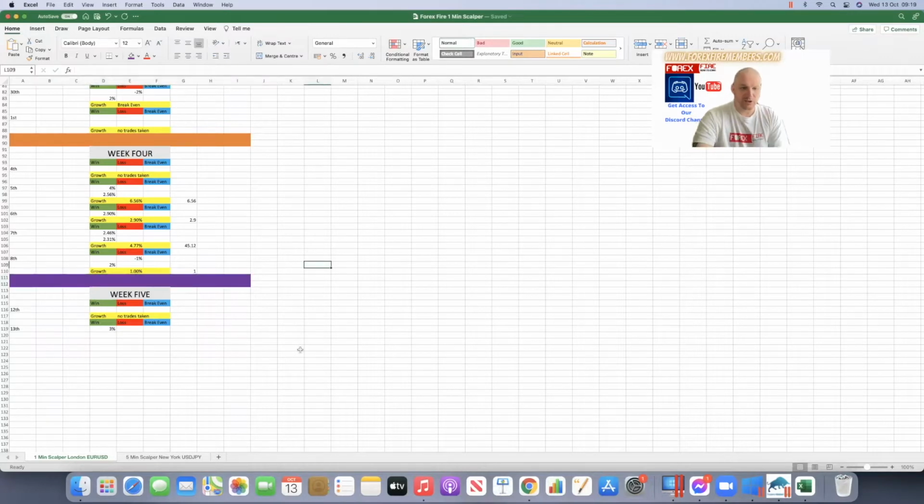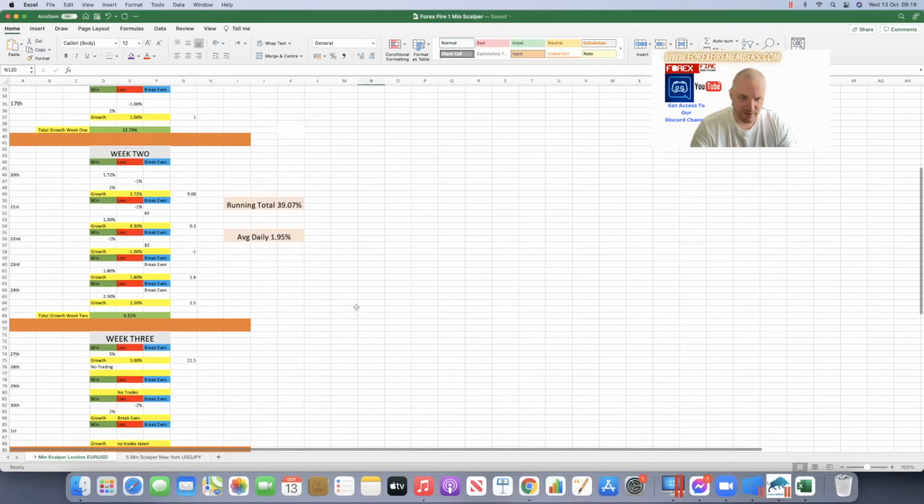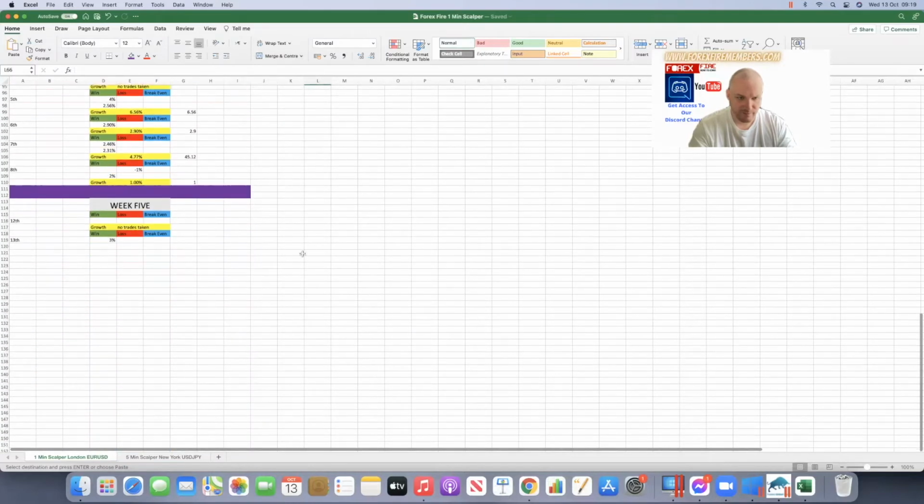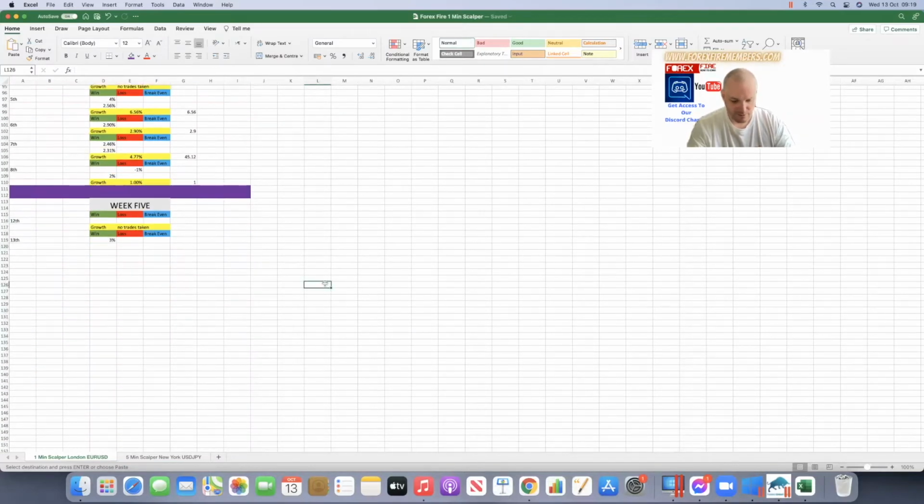Purples. So we've got a new week. So far, running total of 3%. We're now going to need to look for our second winning trade, if that makes sense.